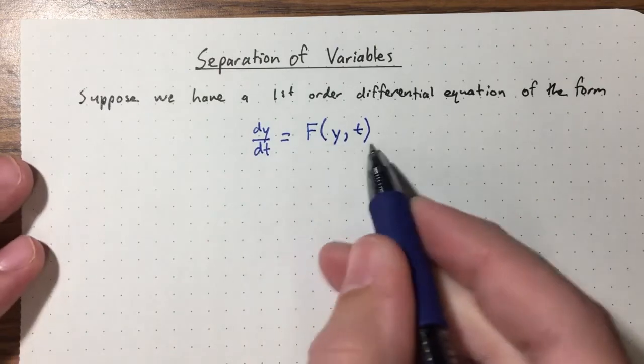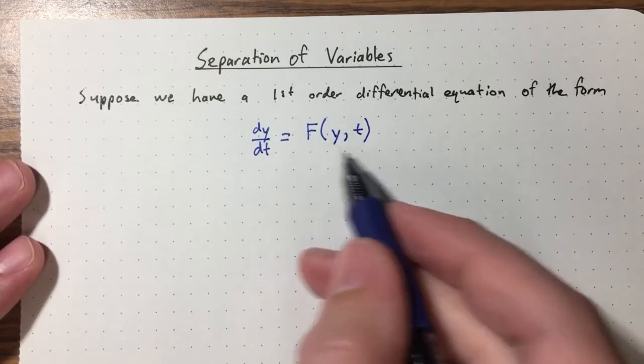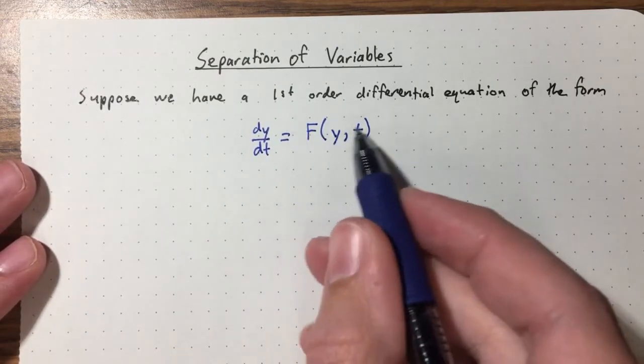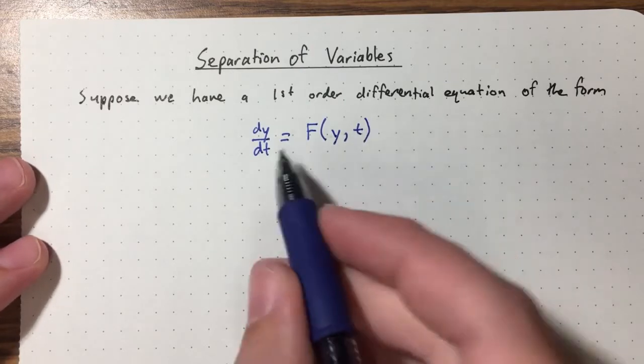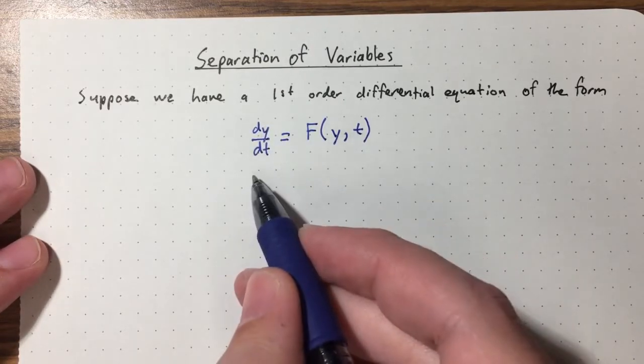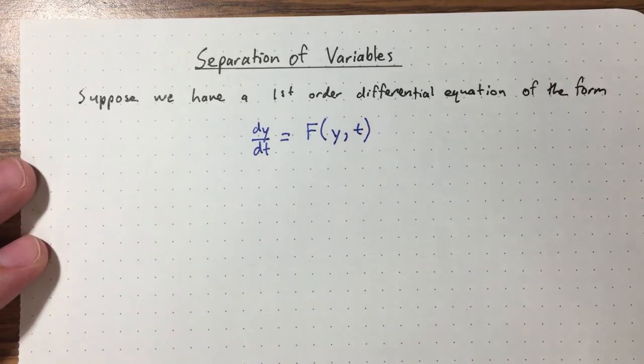So this notation, I'm just saying this side is some, perhaps very complicated function involving the variables y and t. And we can isolate the derivative dy/dt on this side.